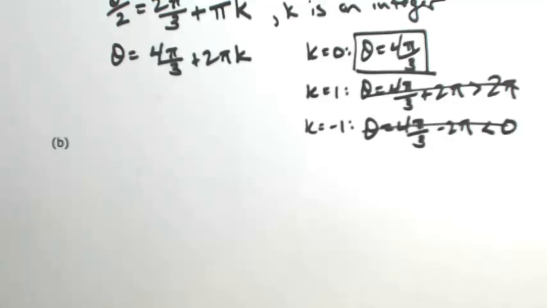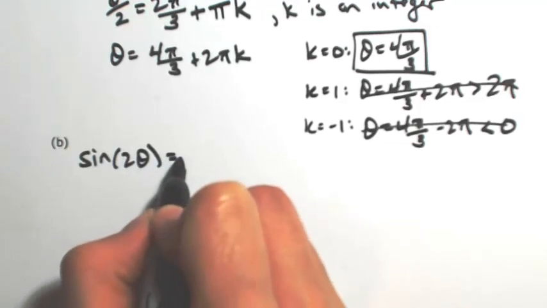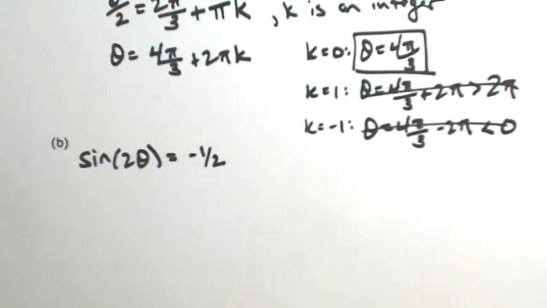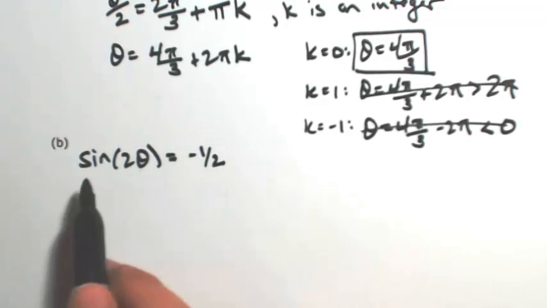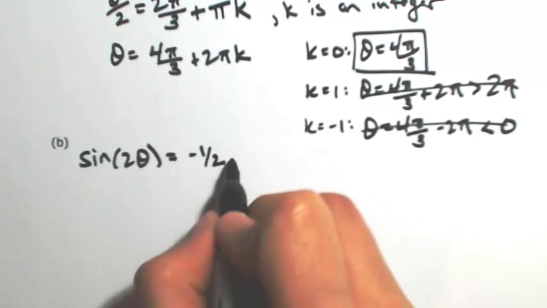Let's look at a second example that will yield some additional answers. Let's say we have the sine of 2 theta equaling negative 1/2. This time, because sine of 2 theta equals negative 1/2, we're looking for the y-coordinate.